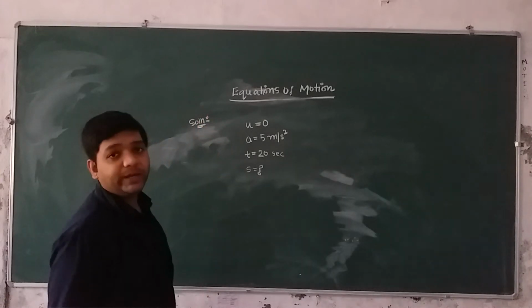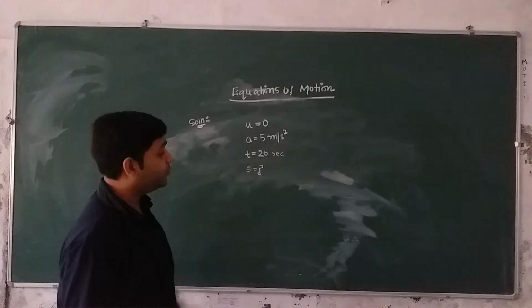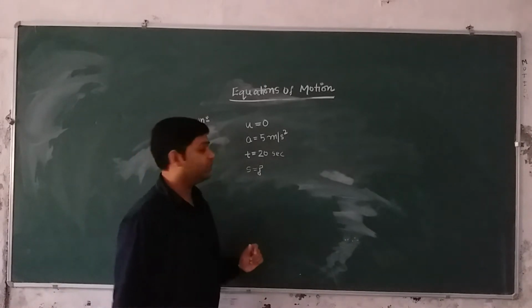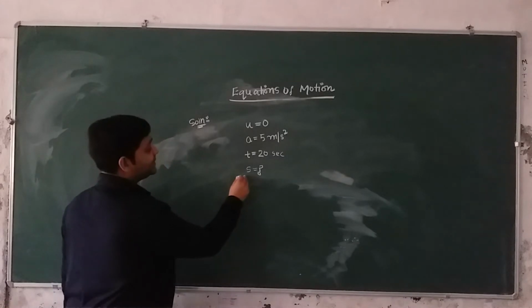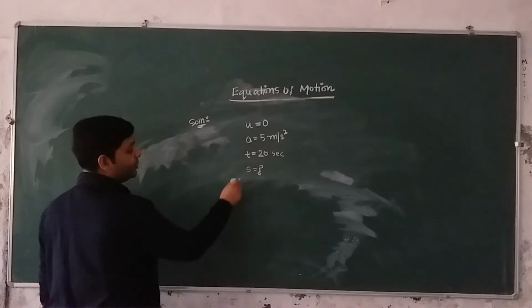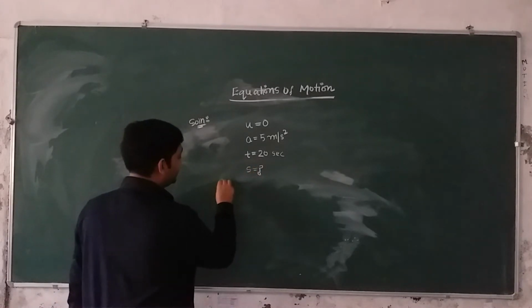That equation is the second equation of motion, s is equal to ut plus half at square. Using it, we will be able to calculate the value of s.